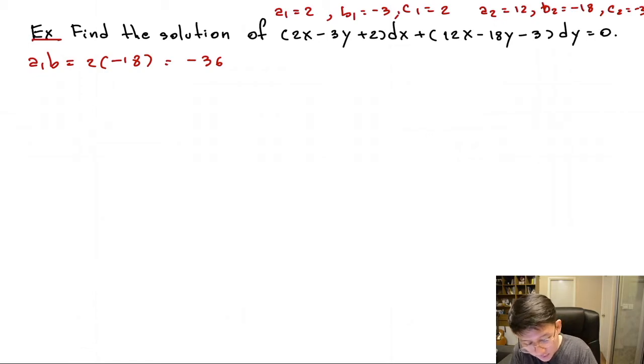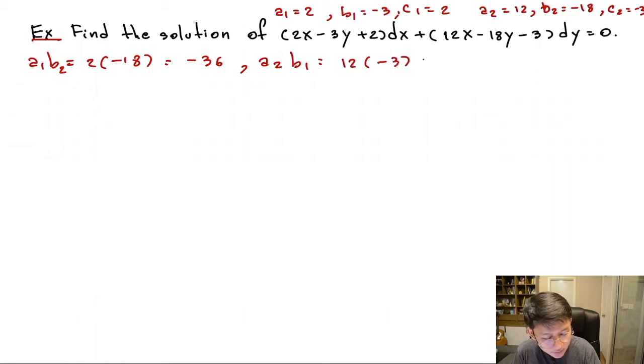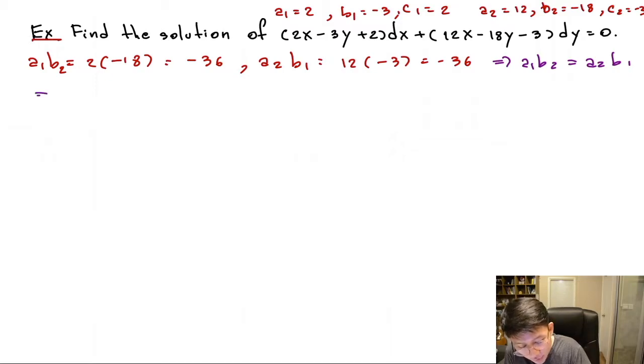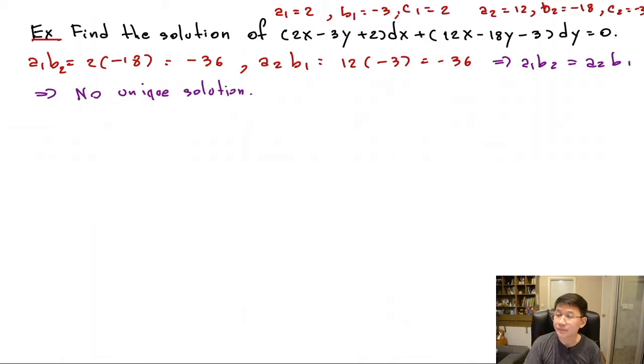And a2 b1 is 12 times -3, which is -36 as well, which means that a1 b2 equals a2 b1. So it means that there is no unique solution. Okay.